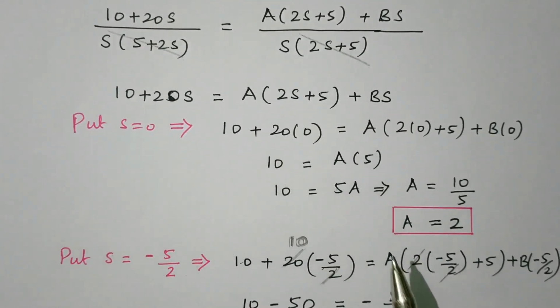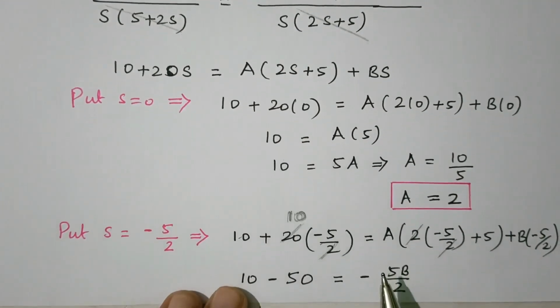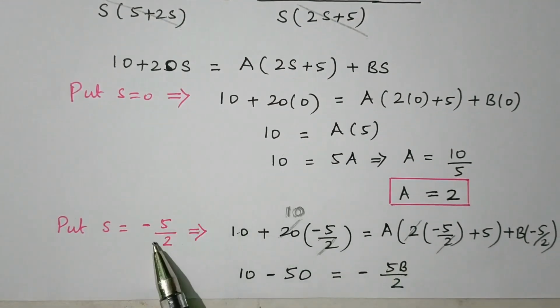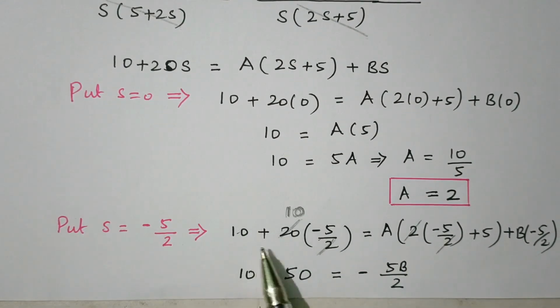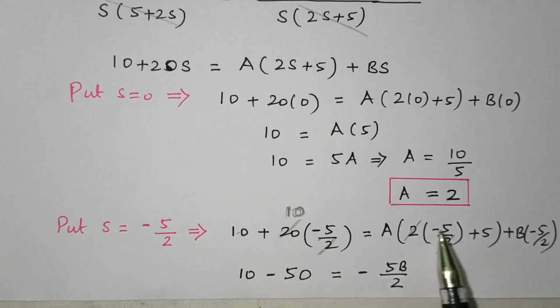Similarly, in order to eliminate this term, we are going to substitute s equal to minus 5 by 2. Right? So 10 plus 20 into minus 5 by 2 equal to A of (2 into minus 5 by 2 plus 5) plus B into minus 5 by 2.